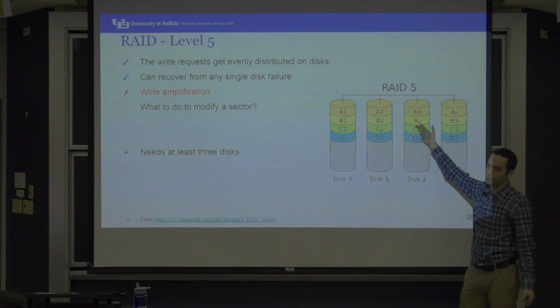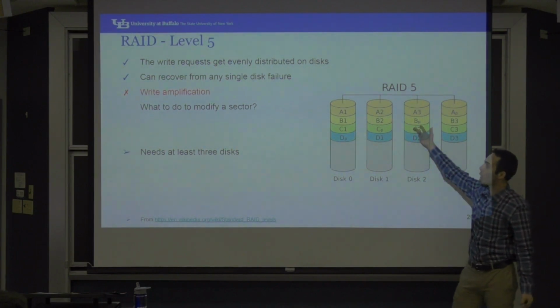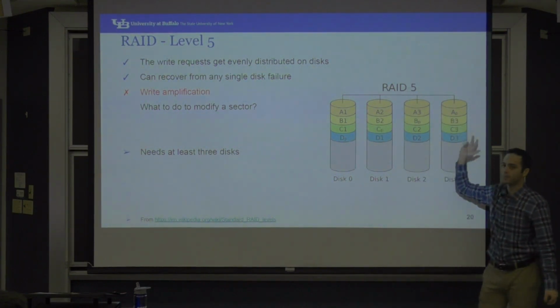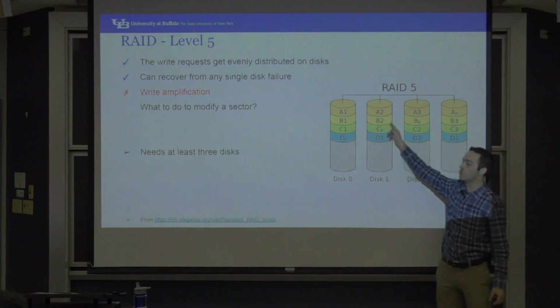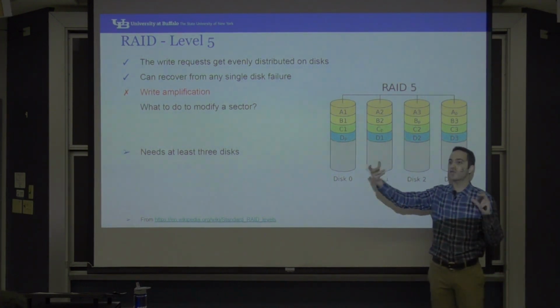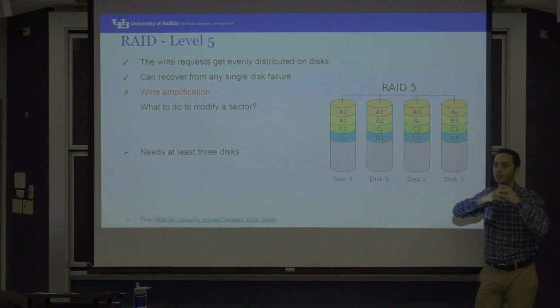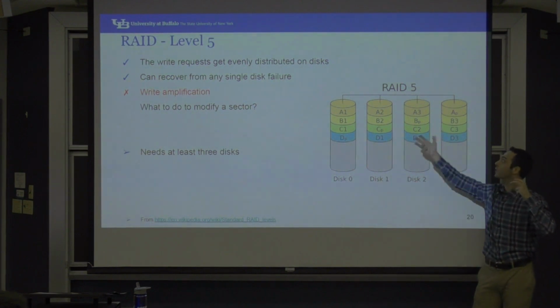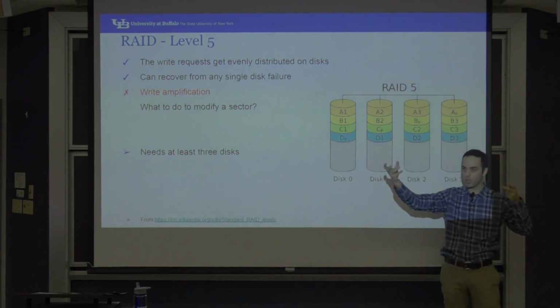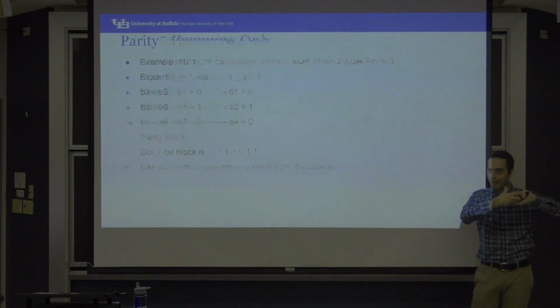What would BP look like if it was only for B1 and B3? Then you modify B2, and you have to calculate the parity again: the parity was for B1 and B3, now I have a new block of data, so I calculate the parity again.